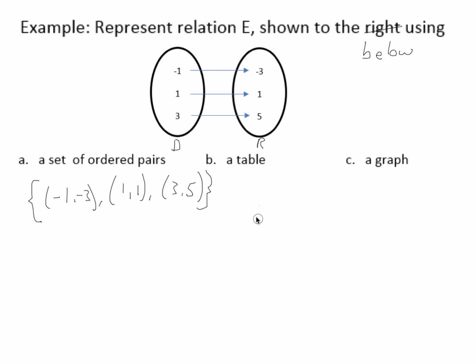A table, we just list our x's and our y's. So we have -1 goes with -3, 1 with 1, and 3 with 5. And then we can graph. So to graph, we want to graph these points, so we'll put our number lines here.